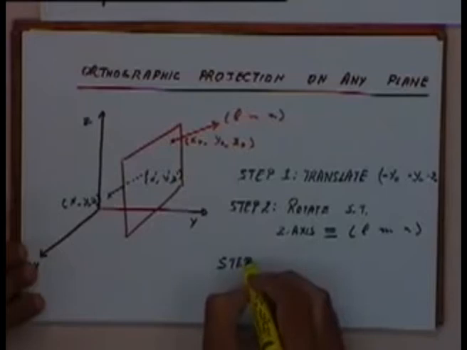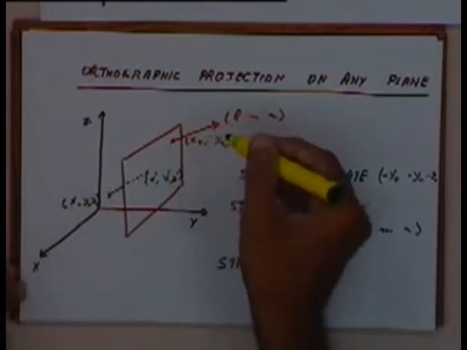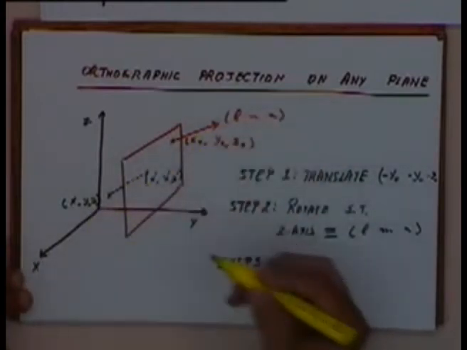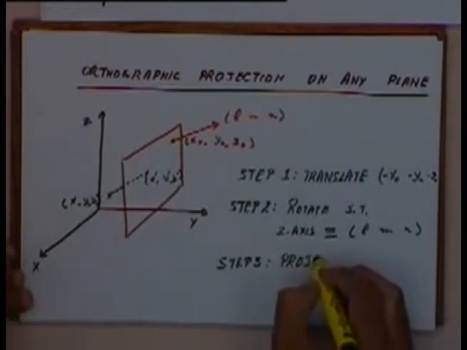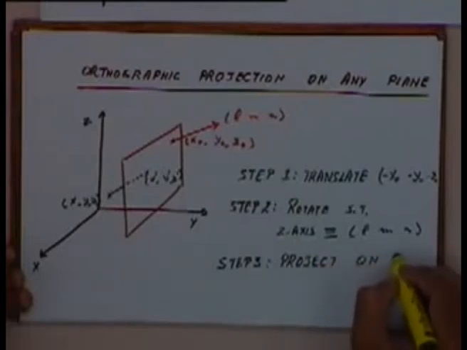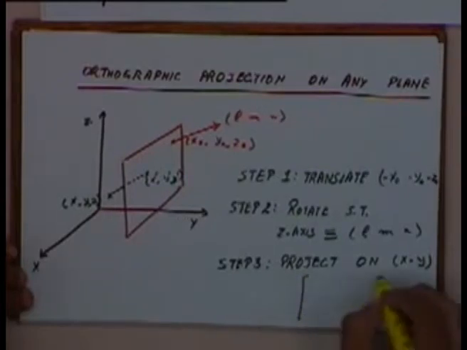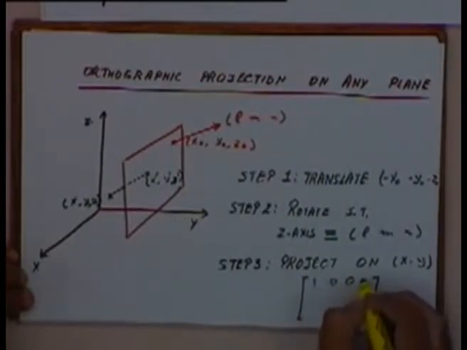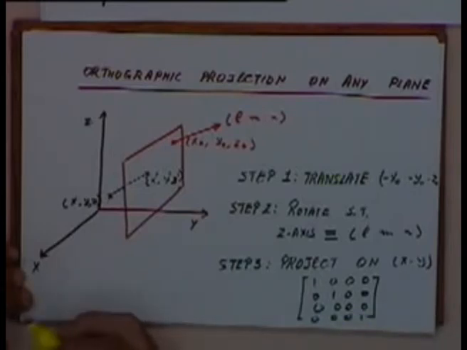In step 3, we will project the point xyz onto the xy plane. And how do we project on xy? We just put z equal to 0. This transformation matrix will project it onto the xy plane.